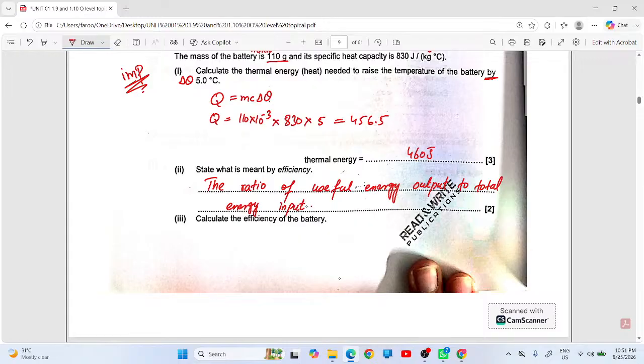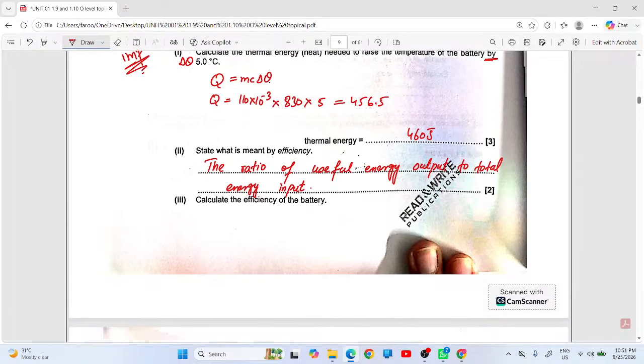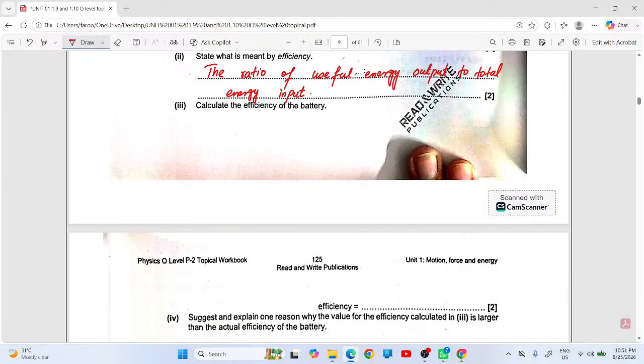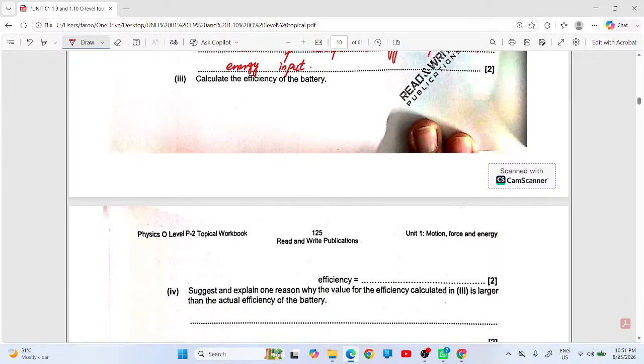Calculate the efficiency of the battery. How to find the efficiency? Efficiency is the ratio of energy output over input multiplied by 100. सही है ना? जी. Okay.